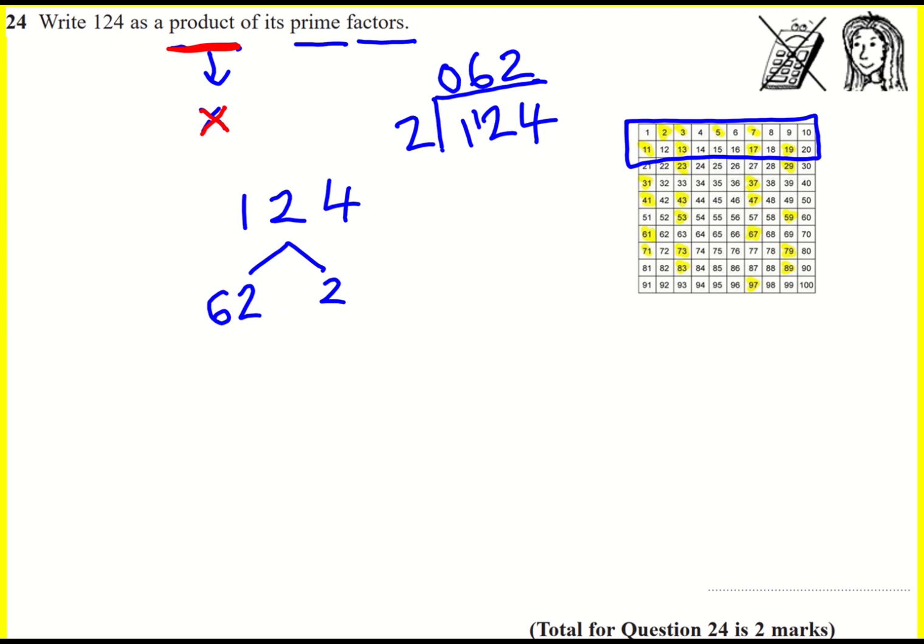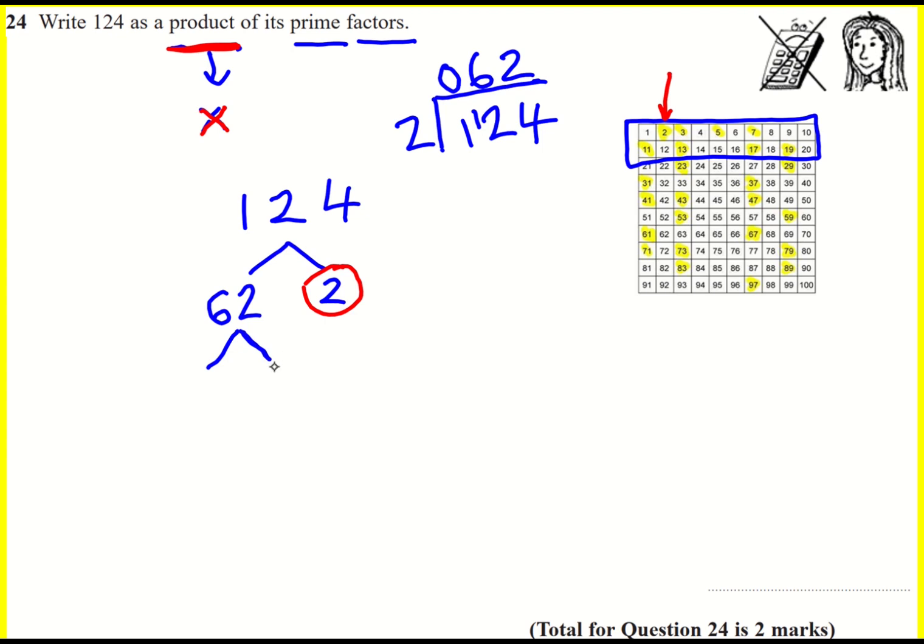Right, before I move on, you need to circle the prime number, if you get one at all, on your little tree here that we're going to do. And I can see here in my grid over here that 2 is a prime number, so I'm going to circle that straight away. And once you have got to a prime number on one of the branches of this prime factor tree, you stop, okay? But I'm going to keep going on here.